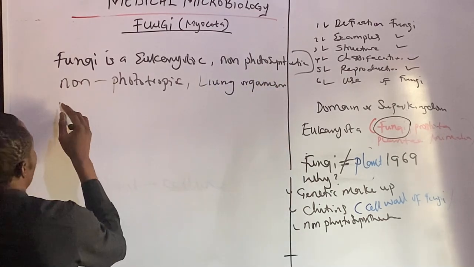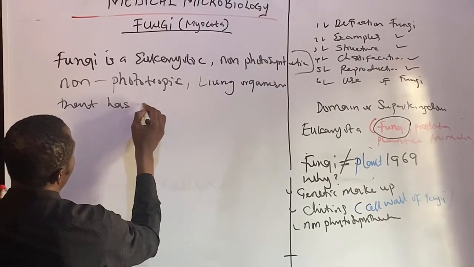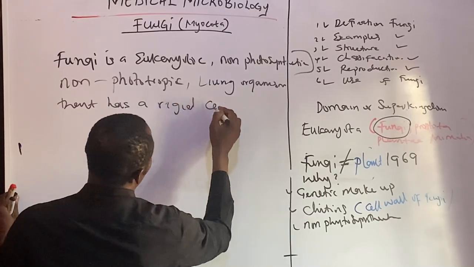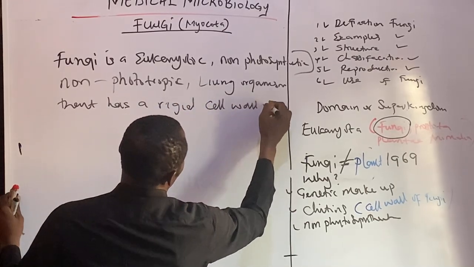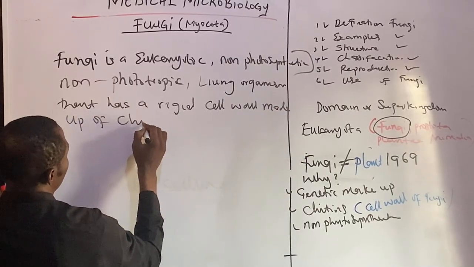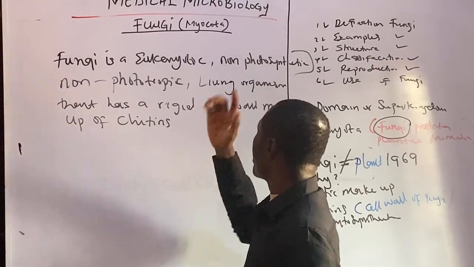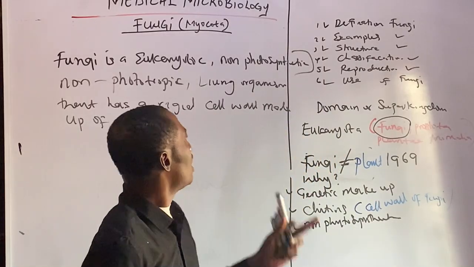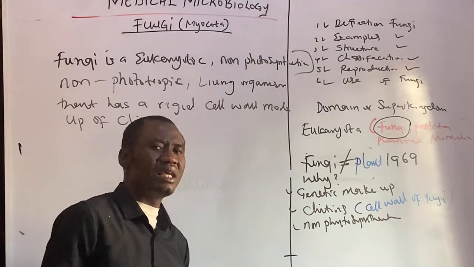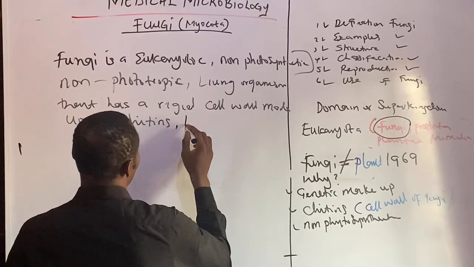So fungi is a eukaryotic, non-photosynthetic, non-phototropic living organism that has a rigid cell wall made up of chitins, and they belong to the kingdom fungi.